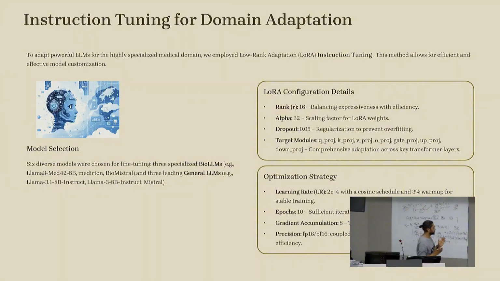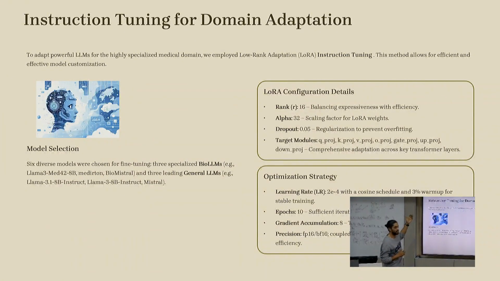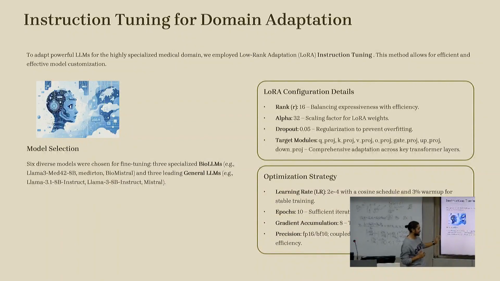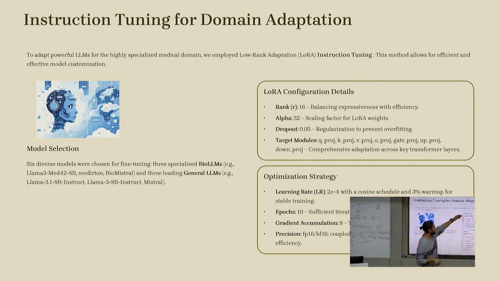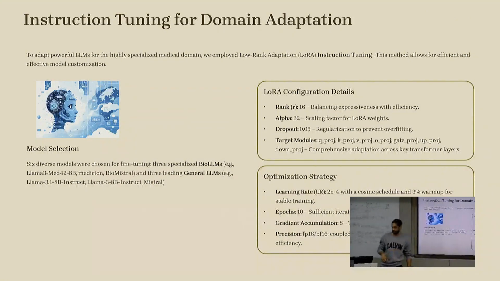For model selection, I'm using the 6 models I already told you about and why I selected them. Then these are the LoRA configurations and the optimized configurations. You can see here I'm using rank 16, alpha 32, dropout, and the learning rate, epochs, gradient, everything.